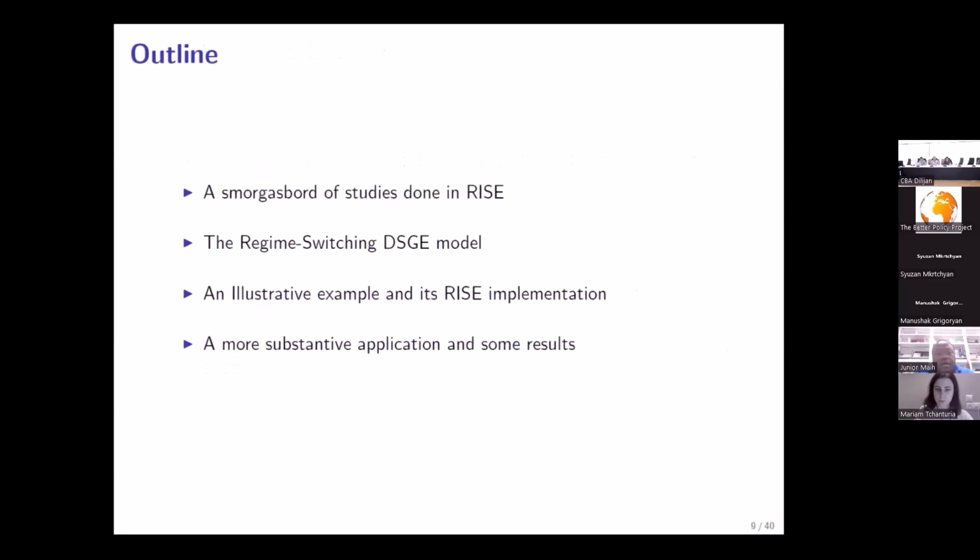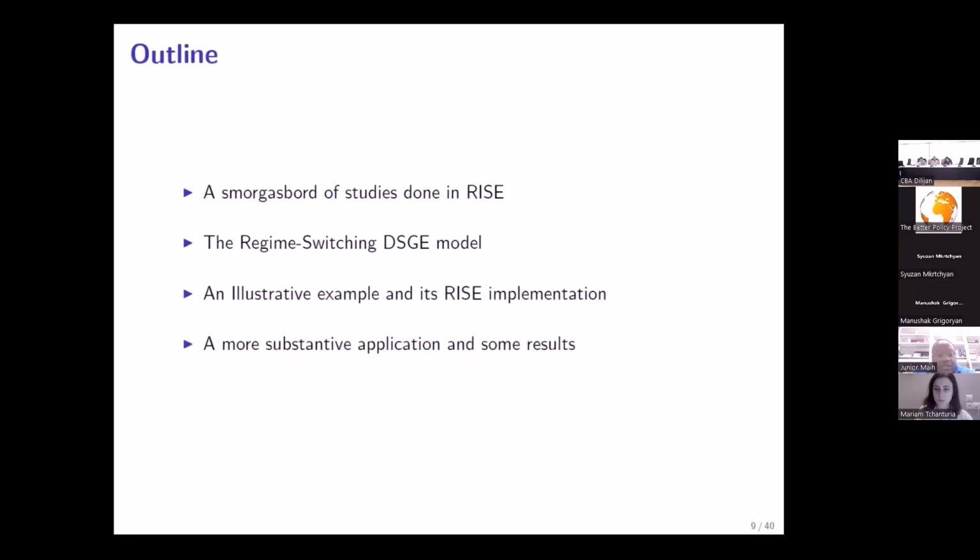So, with that background, let me give you an outline of the rest of the journey I'd like to take you on. First of all, I'm just going to list a few studies that have been successfully conducted using the RISE toolbox.